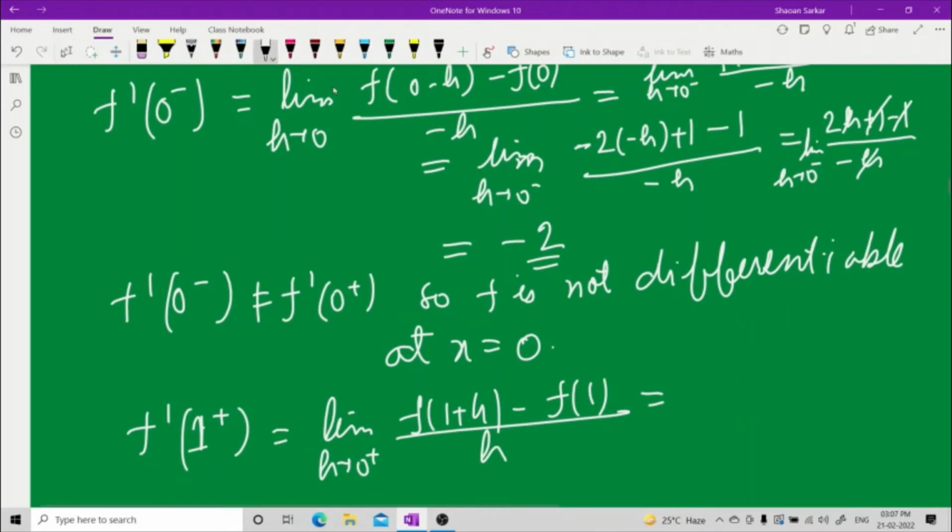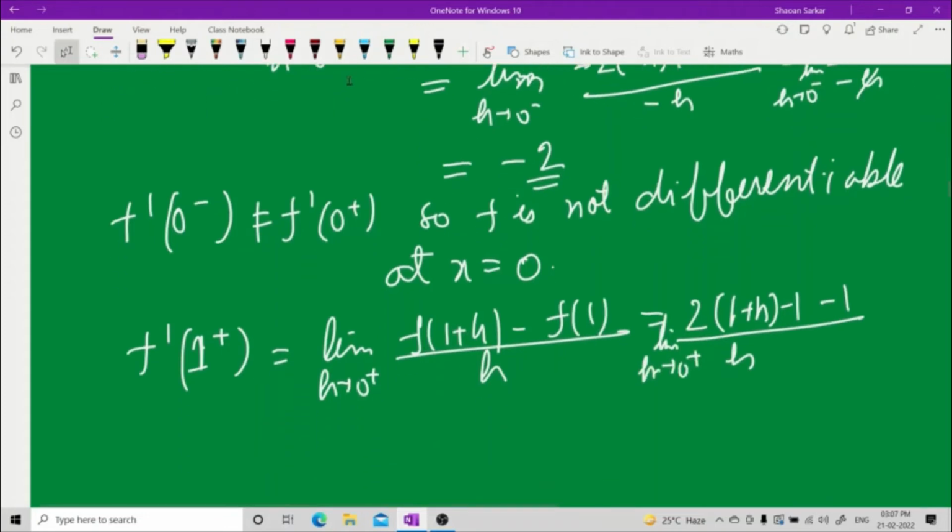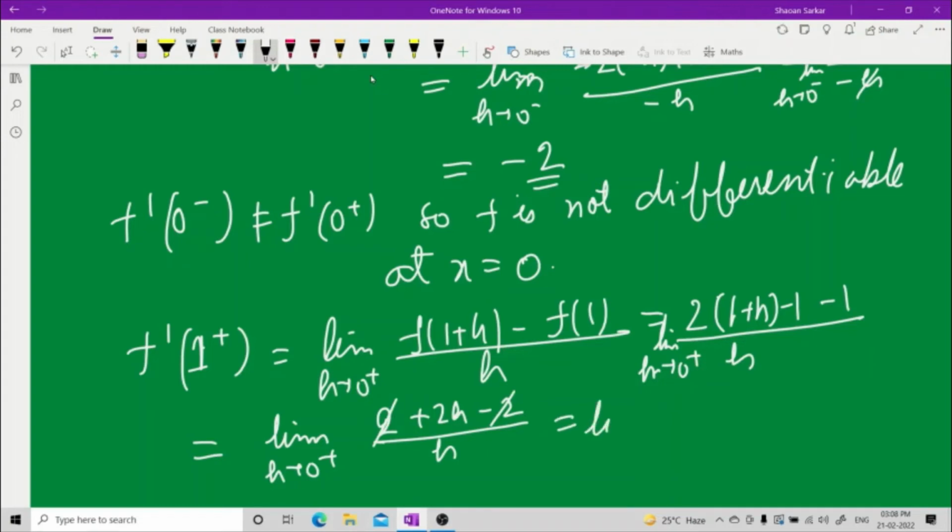This is (2(1 + h) - 1 - 1)/h, limit h tending to 0+, the right side. So this will become (2 + 2h - 2)/h. The 2 and 2 cancel out, the h and h cancel out, so this becomes 2h/h, and you get 2.